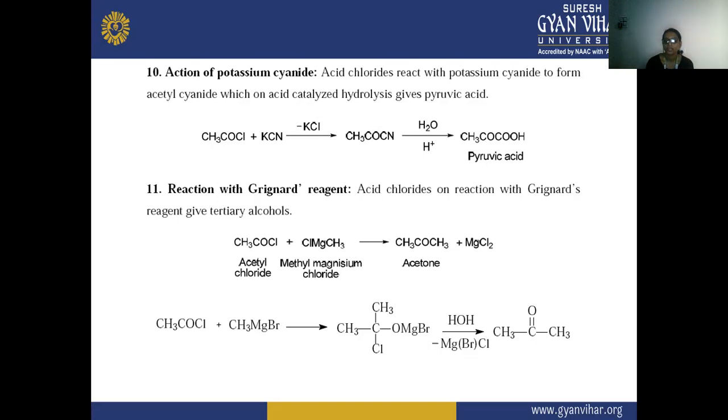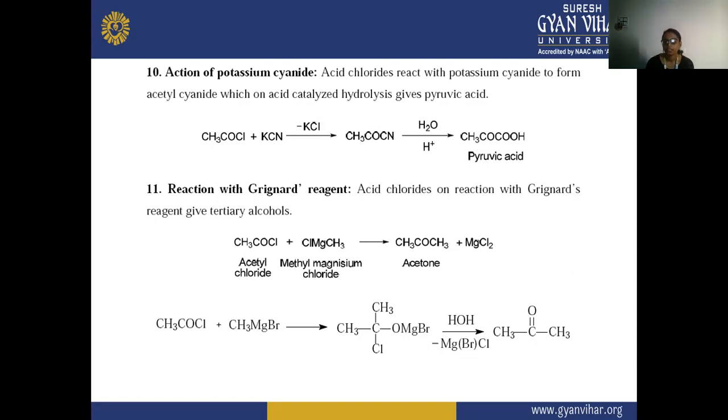Here the example is given that acetyl chloride is reacted with this Grignard reagent, and some intermediate is formed here. This intermediate is CH3, CH3, Cl, OMgR, and when hydrolysis happens here, there is a formation of acetone plus magnesium chloride or magnesium bromide chloride.